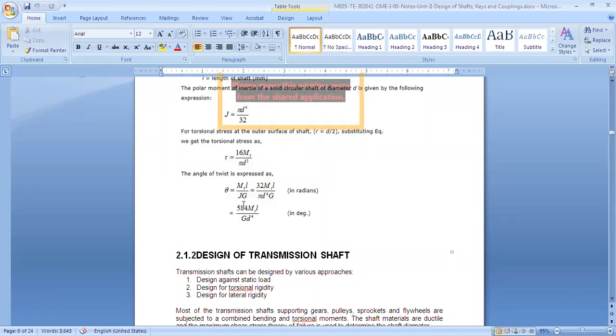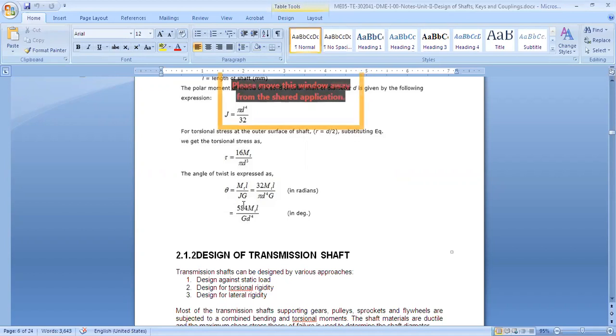T upon J is equal to G theta by L, from that we get theta is equal to T upon J into L upon G. Now this angle theta is in radians, so we have to convert it into degrees. For that we multiply it with pi by 180, because in general, practically, we get the angle in degrees, right?